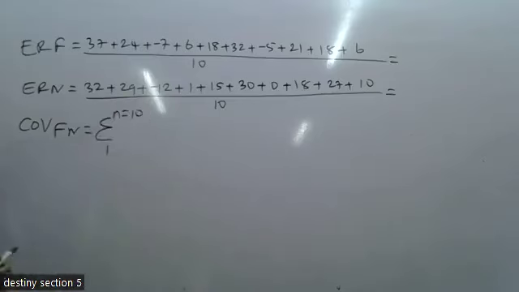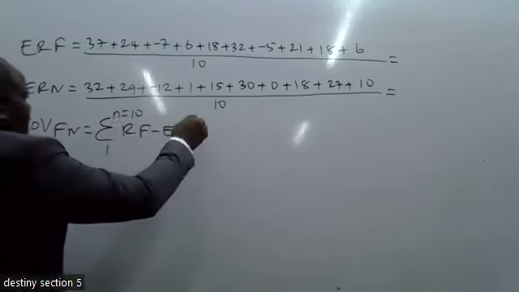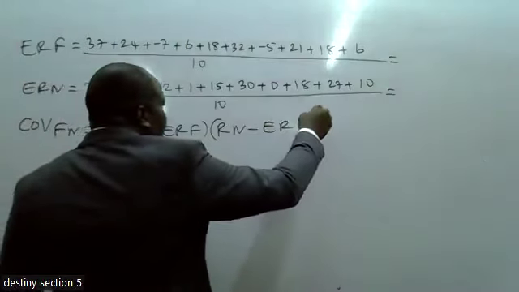There are 10 observations. So get the return for F minus expected return for F, also get the return for N minus expected return for N.